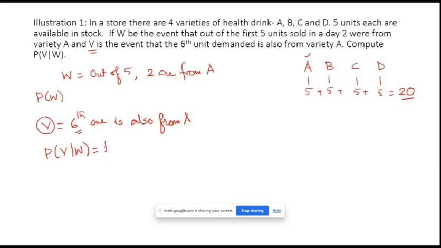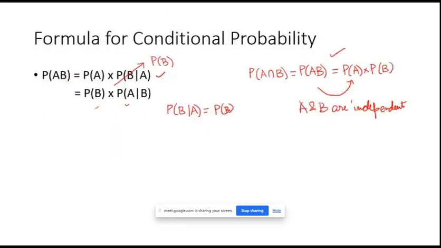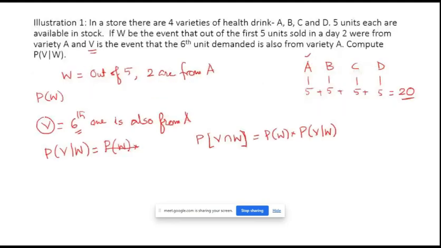As you know, the probability of B intersection W is equal to probability of W into probability of B given W has already occurred. Okay, this is the formula. Just you may see the previous slide formula. From this I have written probability of AB equal to probability of A into probability of B given A. Probability of BW equal to probability of W into probability of B given W. Both ways it is possible.